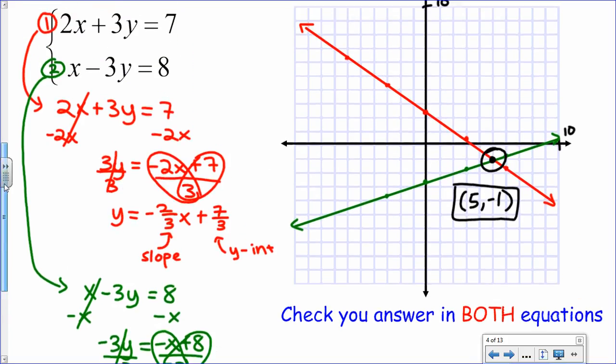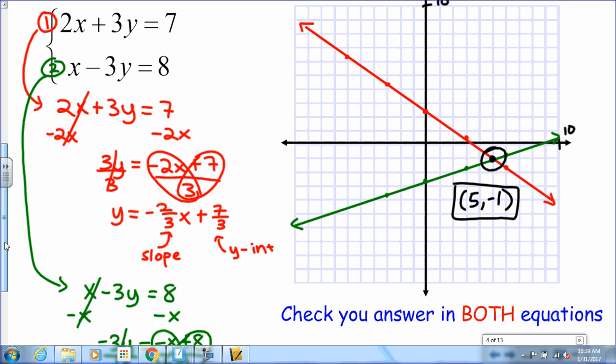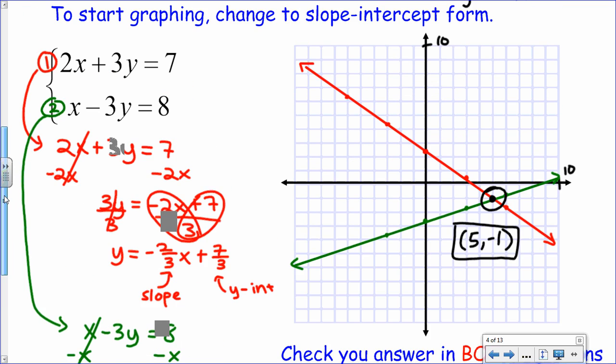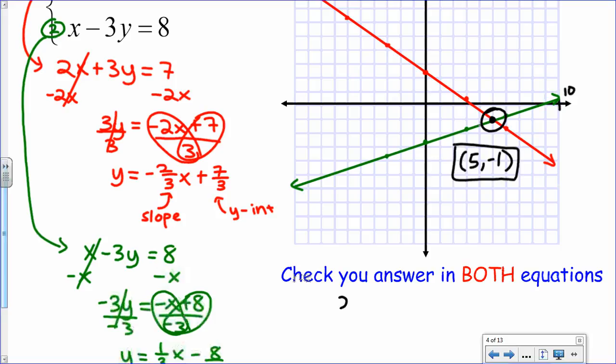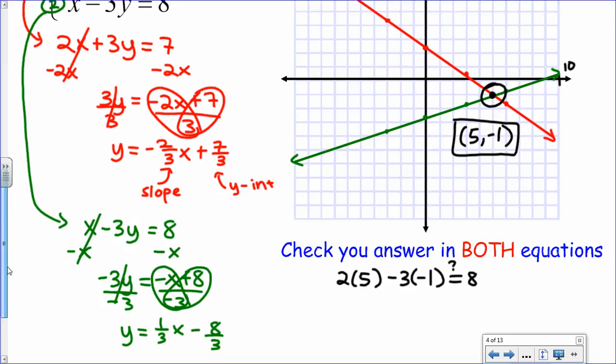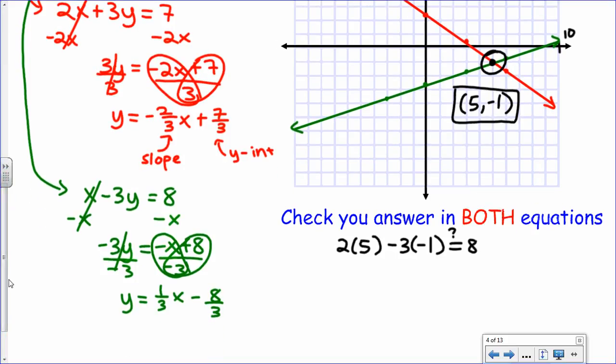So 2 times 5 minus 3 times negative 1. And then I want to make sure that that gives me 8. So type that in your calculator, the left side. So 2 times 5 minus 3 times negative 1. Hit enter, equal.